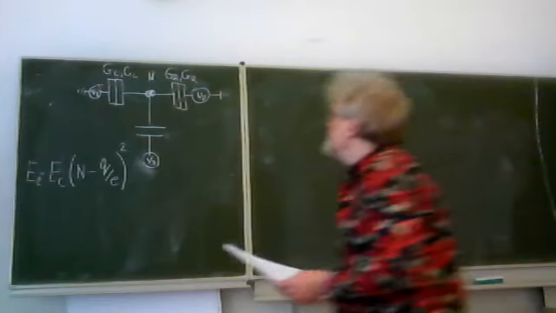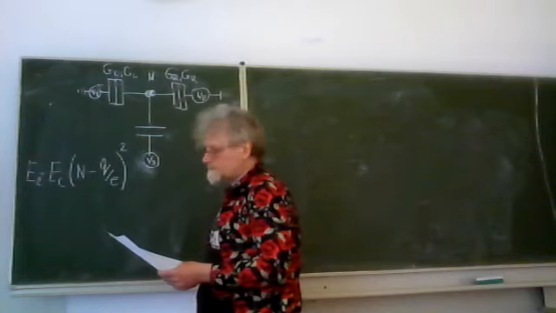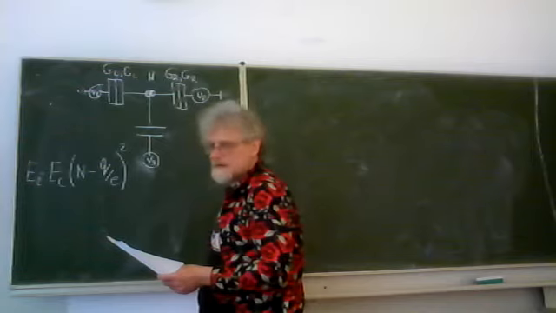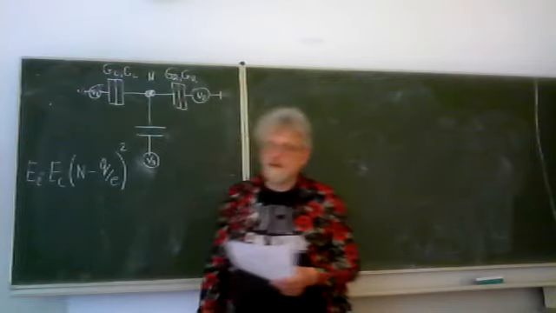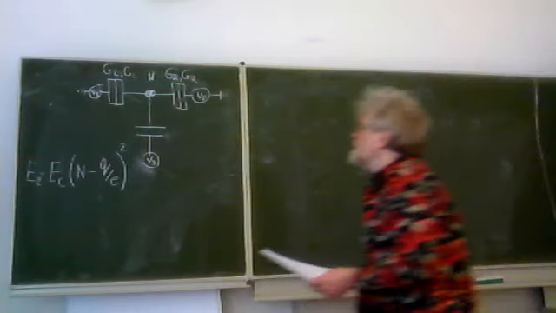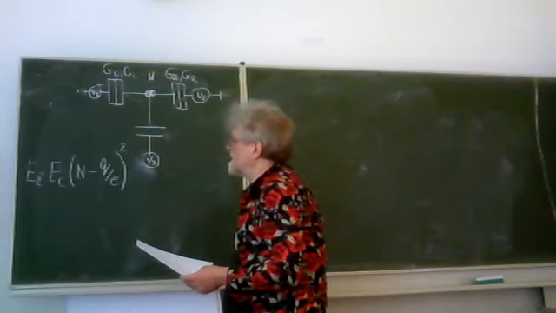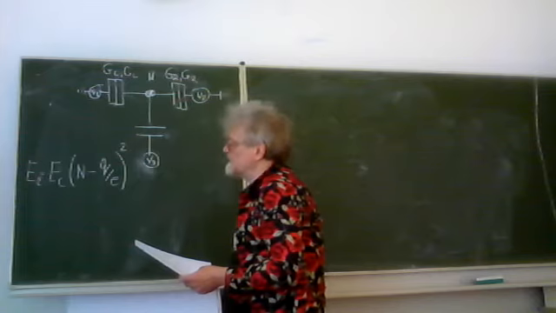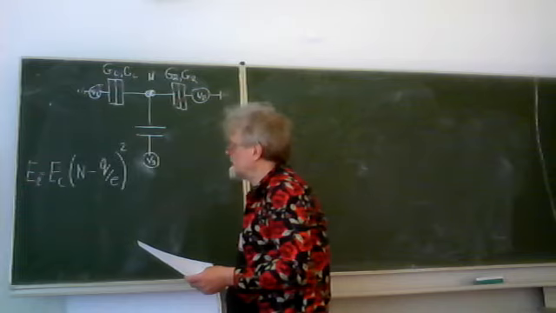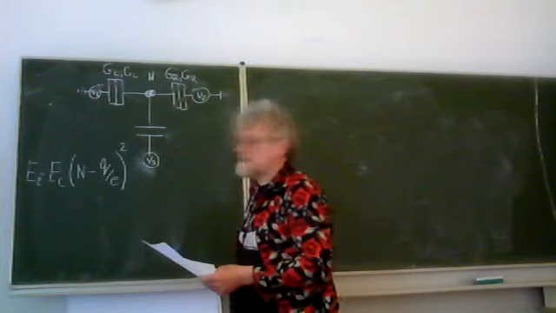First task is to find the condition for the Coulomb blockade diamond. What does it mean? We have 4 possible processes with which we can change the state of the transistor.